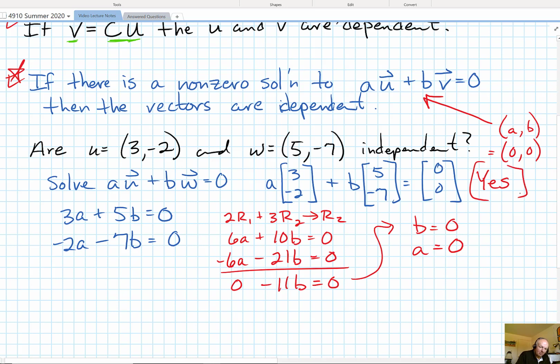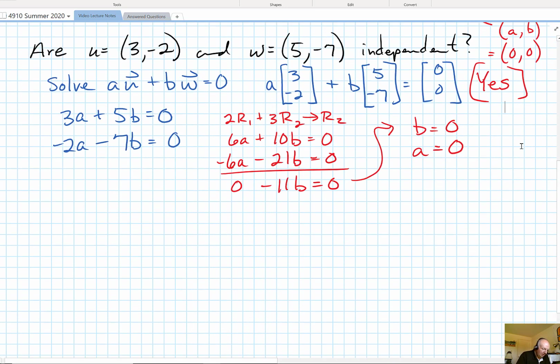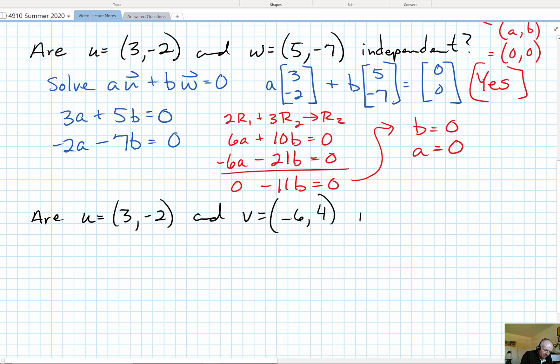Okay, let's check it one more time. We use the same u, and this time let's do a different vector, v equals minus 6, 4. We'll go through this one more time to determine independence.